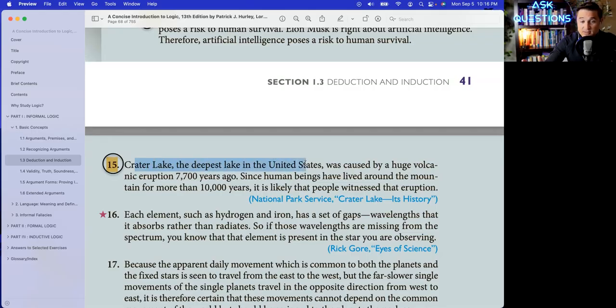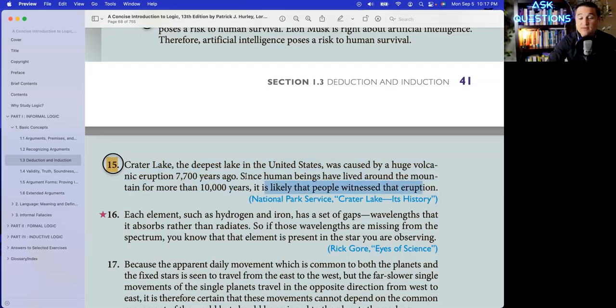Again, if you're a lake expert, then you can confirm this, and assume that it was caused by this eruption 7,700 years ago. Assume further that human beings have lived around the mountain for more than 10,000 years. I don't know if that's true. Some of you might, which is awesome.